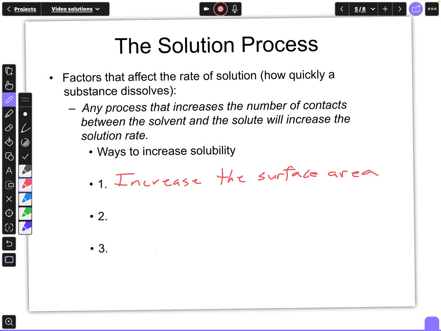Another way is by stirring or agitating a solution. You stir something up and make it dissolve faster. Another way would be to heat the solvent, or increase the temperature. A lot of times that's a way to make something dissolve a lot faster.